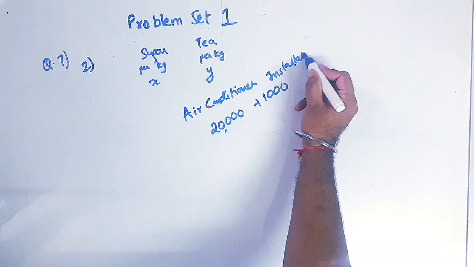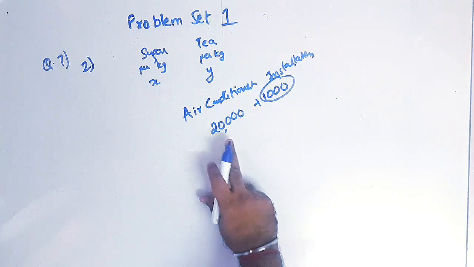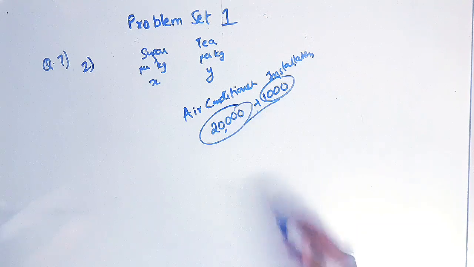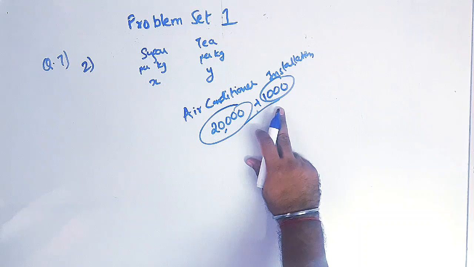Installation charges are 1,000. That means the cost of the AC for me is not 20,000. The cost of the AC for me is 21,000, because I have spent 1,000 here as installation charges.